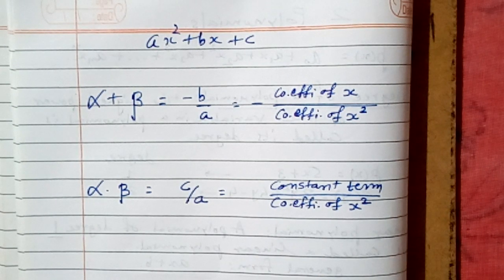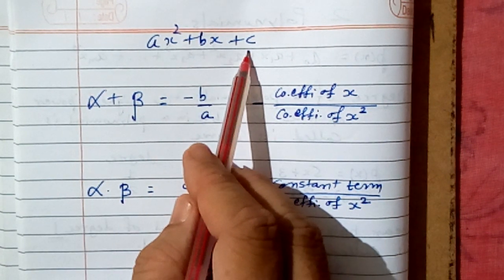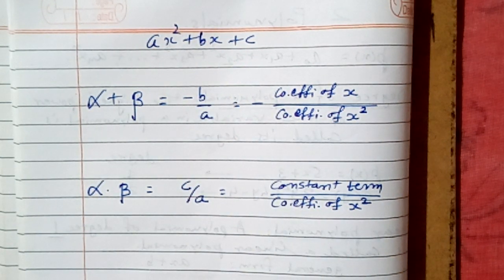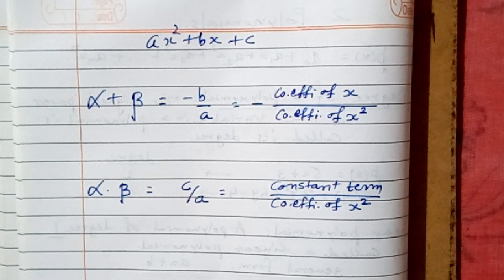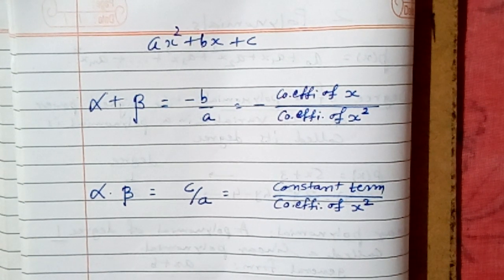Dear student, we know that quadratic equation, its general form is ax square plus bx plus c. When we are given quadratic equation, we will be asked to find its zeros and sum of zeros, product of zeros. So we can do that also directly.